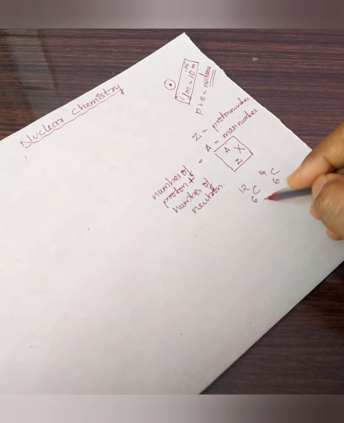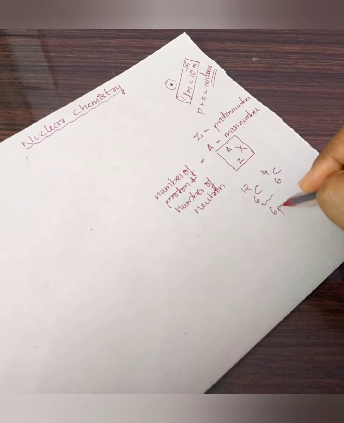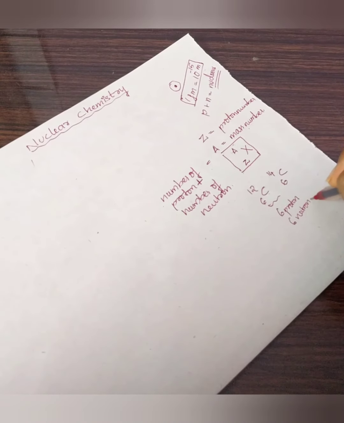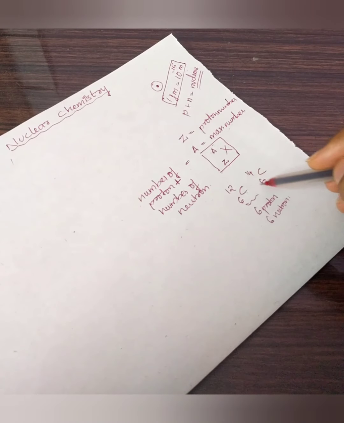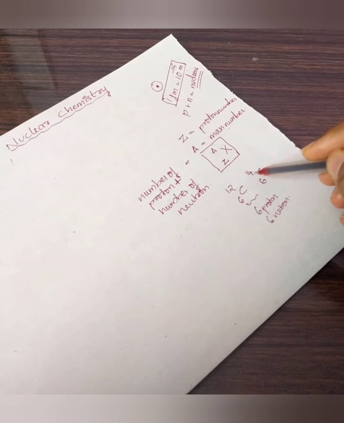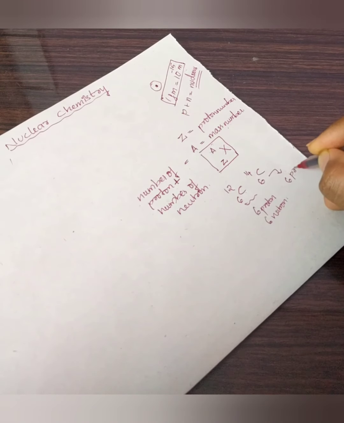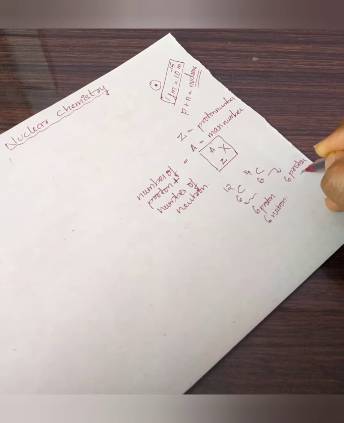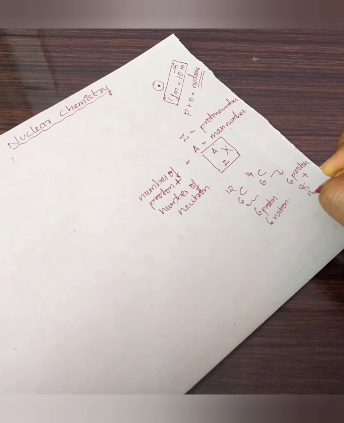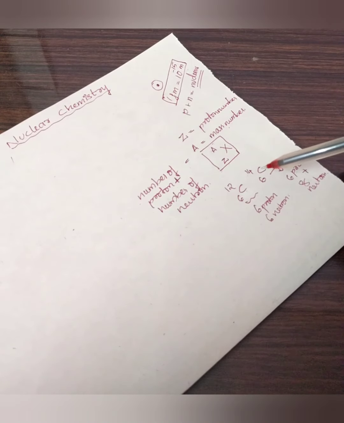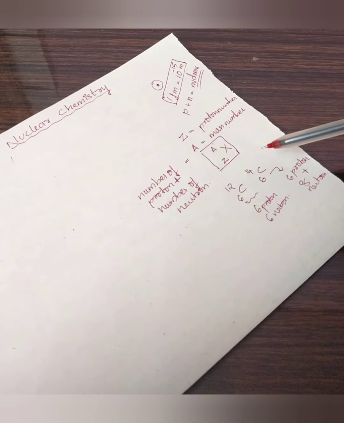Here this one has 6 protons and 6 neutrons, whereas the second one, carbon 14, has 6 protons plus 8 neutrons. So we can say basically an isotope will have more neutrons inside.